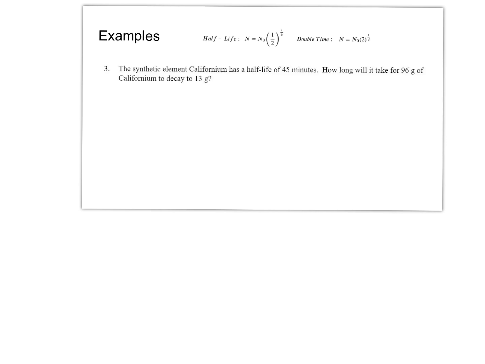But let's start reading this first. Californium has a half-life of 45 minutes, so I already know I'm using the half-life formula, and its H value is 45. How long will it take 96 grams of the stuff, what you're originally starting with, to go to 13 grams? That's what we're going to end with.